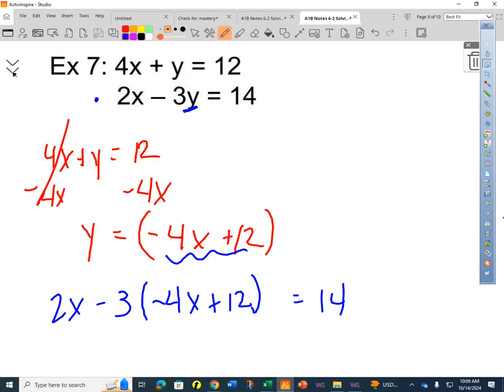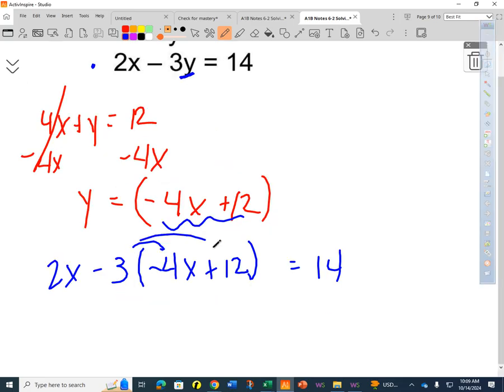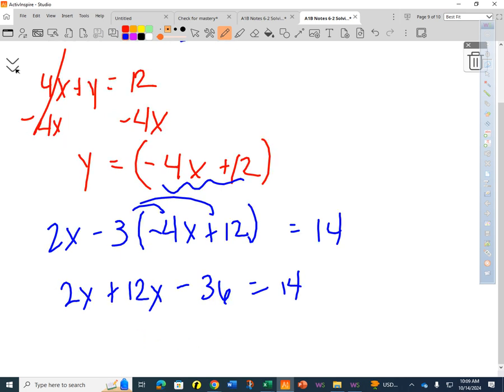So we're going to distribute here. I'm going to bring down this 2x. Negative 3 times negative 4 is positive 12x. Negative 3 times positive 12 is negative 36. And that equals 14. So I'm going to combine my like terms. 14x, bring down my minus 36 equals 14.